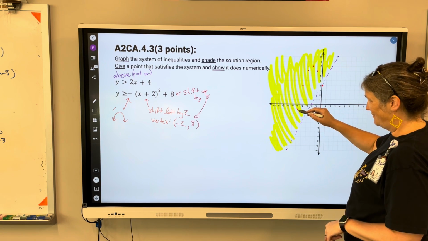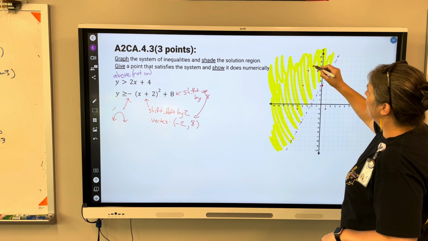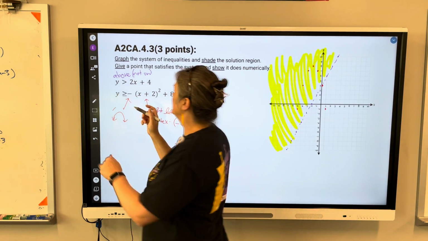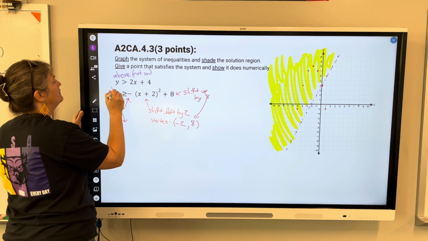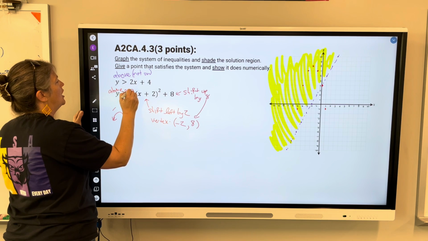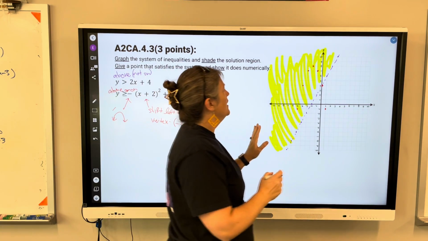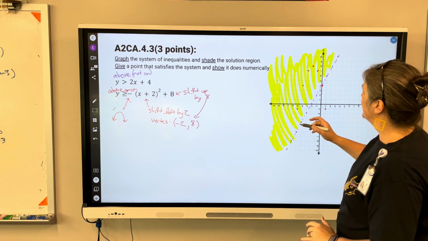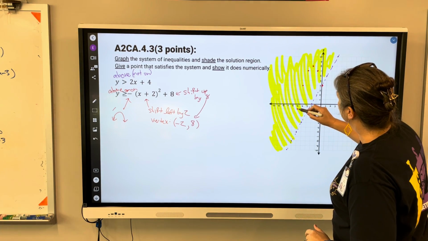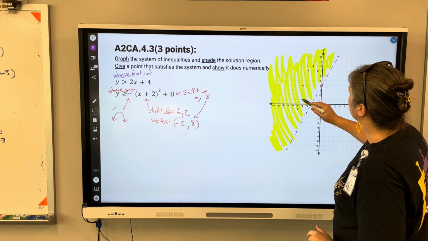because I did not land on one of my whole number perfect squares on the axis. So now when I connect this, which I want to be, this is above or on the parabola. So I'm okay to color it in a solid line. I guess I would like another point here.